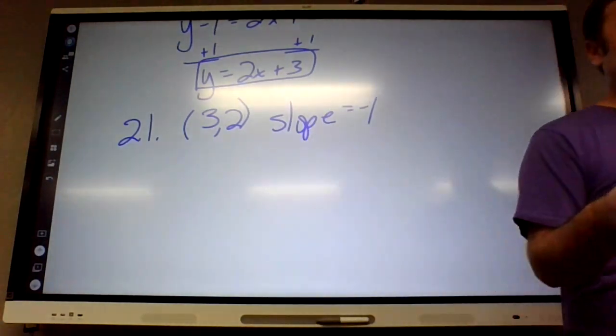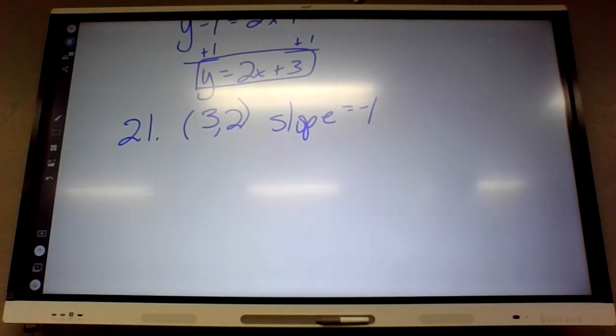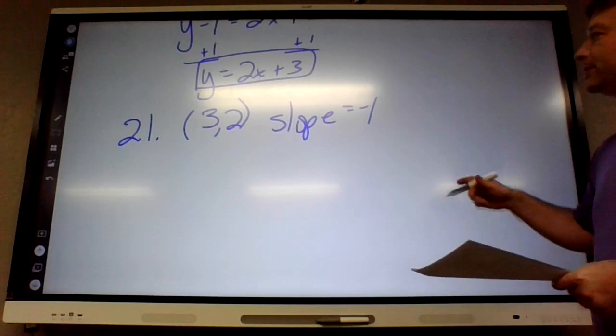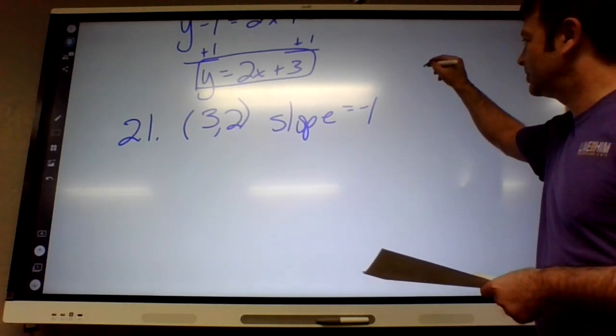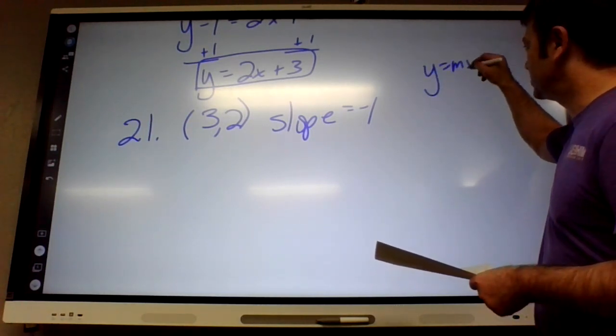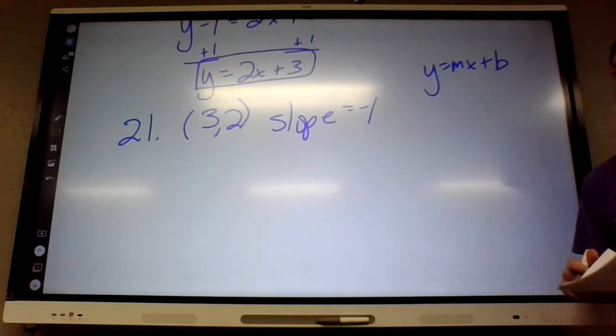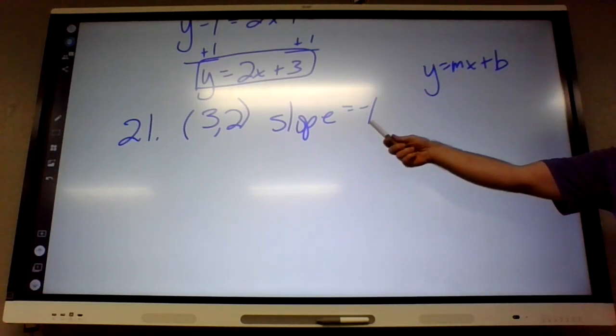Okay, 21 says write the slope intercept form of the equation of the line through the given point with the given slope. If we're writing the slope intercept form of the line, what does that mean? What are we using? Y equals mx plus b. Okay, what do I do with the -1?